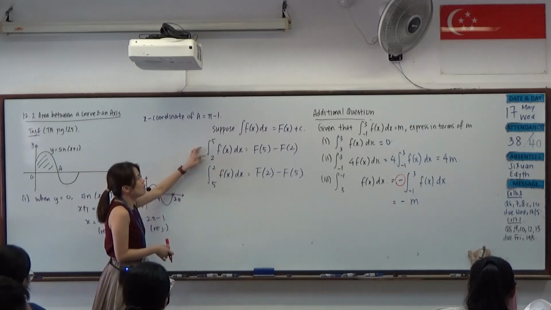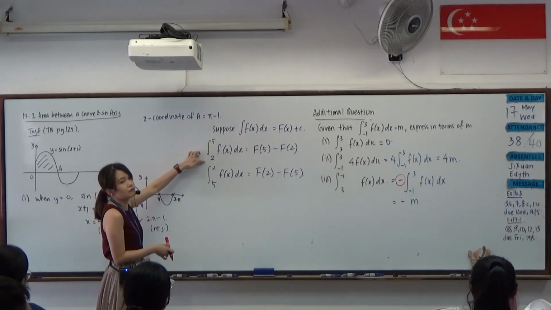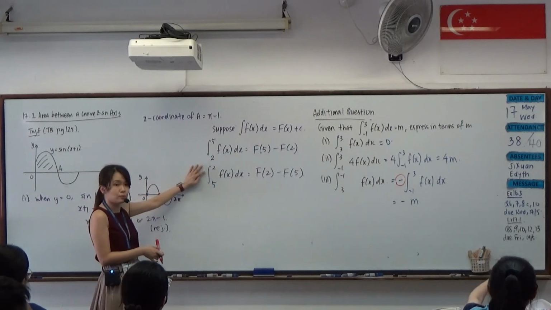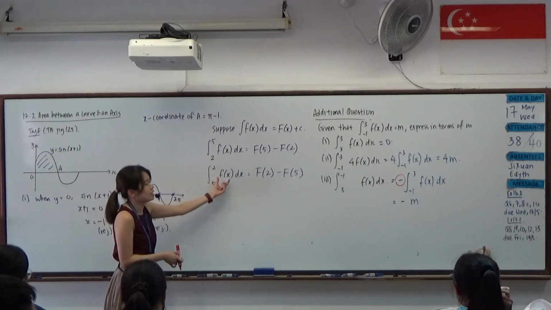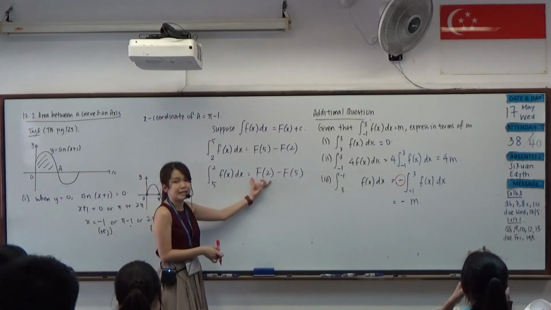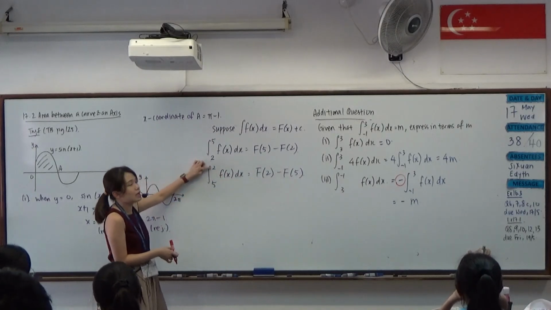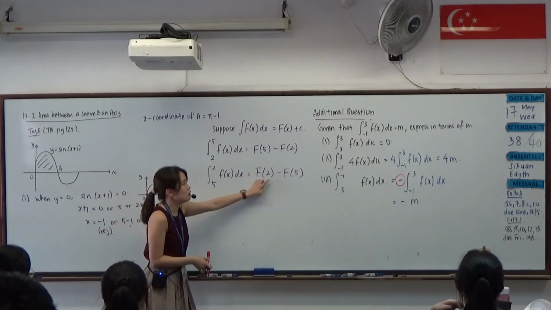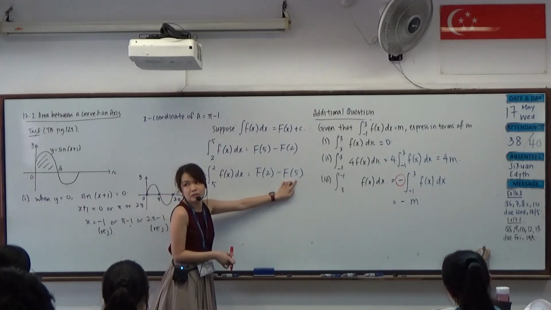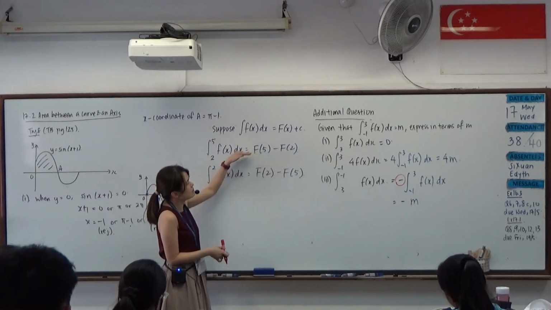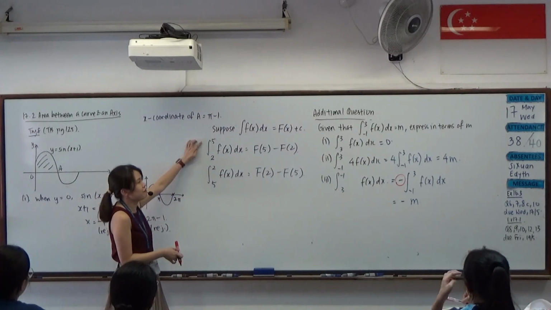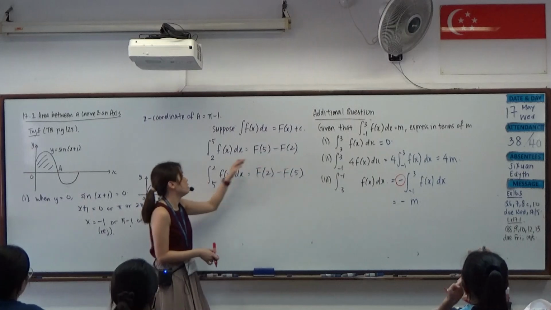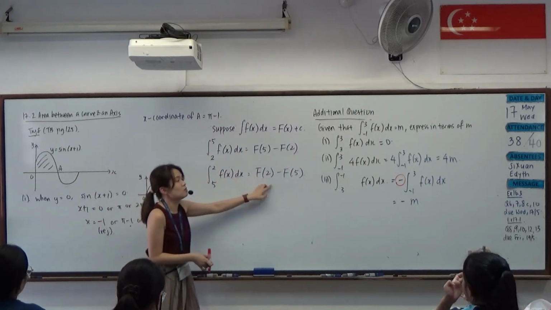Now what if I switch it around? Instead of 2 to 5, it becomes 5 to 2. The same concept will still apply, whereby when I integrate the small f, I'm going to get big F, and I substitute in the upper boundary first, followed by minusing the lower boundary. Agree? So what is the observation that we make from this one and this one? When it is 2 to 5, we have 5 minus 2. When it is 5 to 2, it is 2 minus 5.